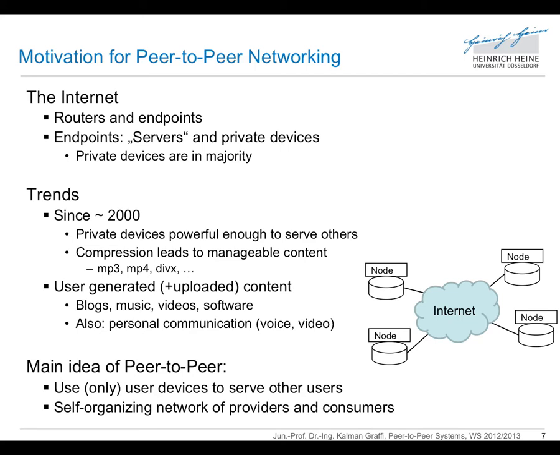So they are all powerful enough so that they can provide this functionality. And also, if you look at the future, this is not some idea that will, because of the trends, die out, but more and more the trends are enforcing that it will come to this point again. Although the cloud is currently more popular, but the trend is more still towards peer-to-peer.